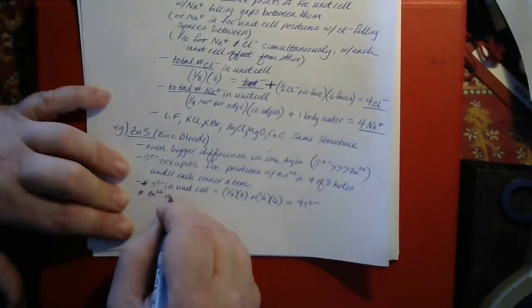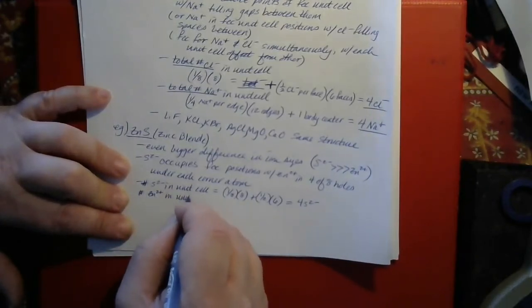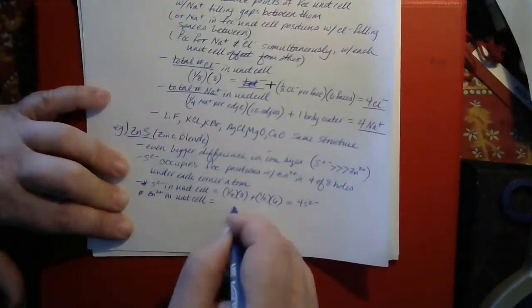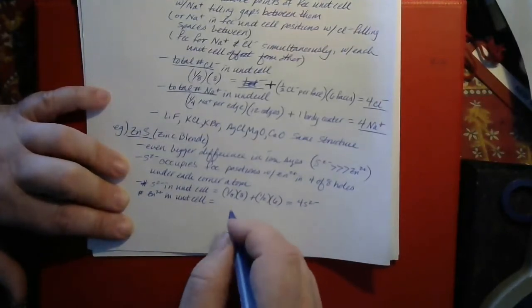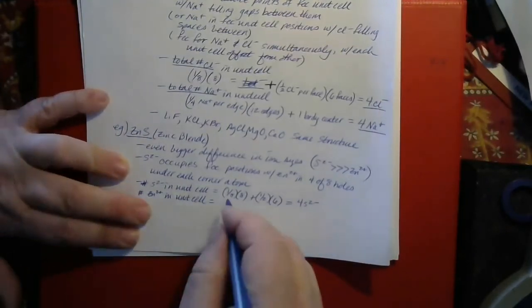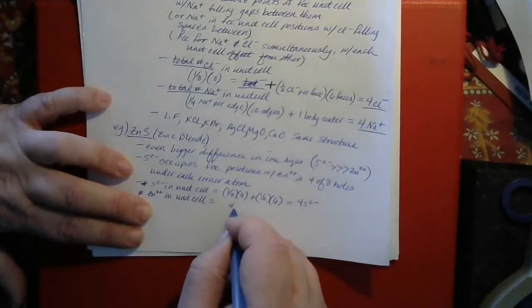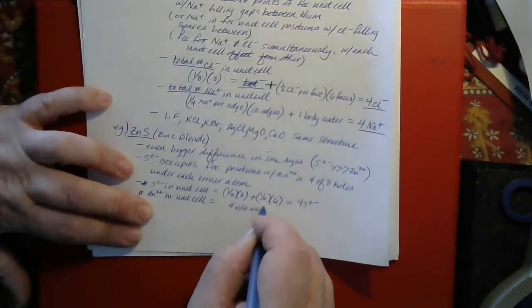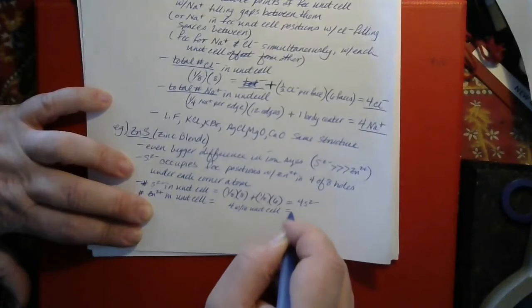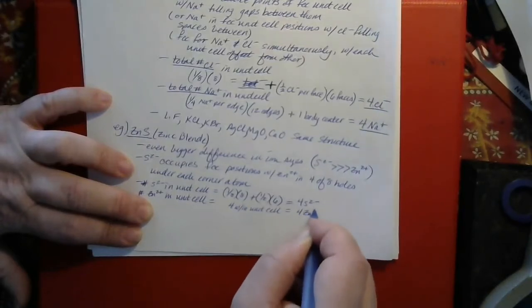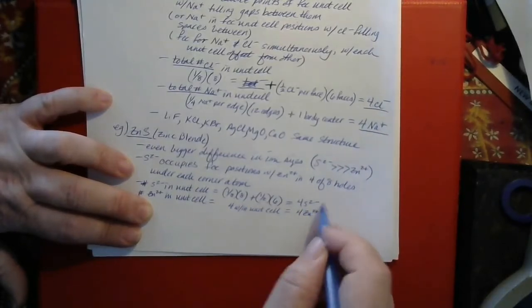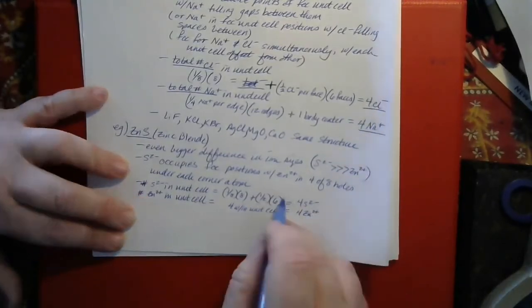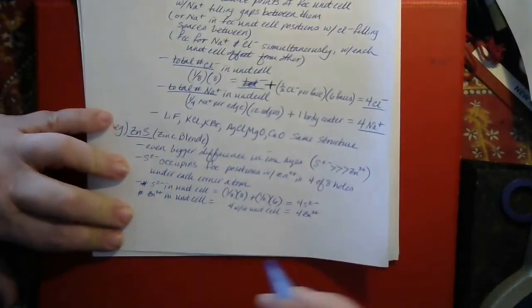The number of zinc ions in the unit cell is going to be 4, and each of those is entirely in the unit cell. So again, it's 4 to 4. It's charge neutral, and it has a 1-to-1 ratio overall.